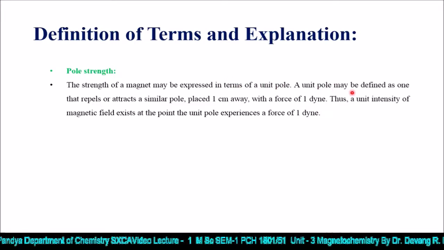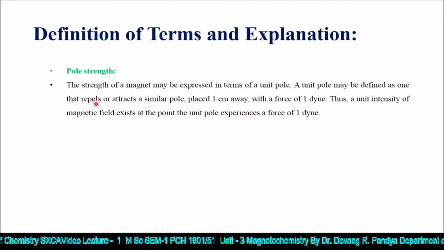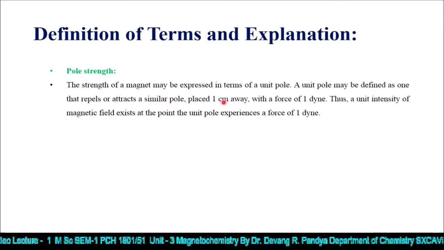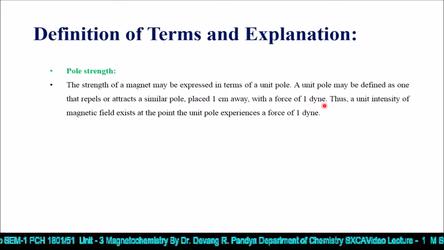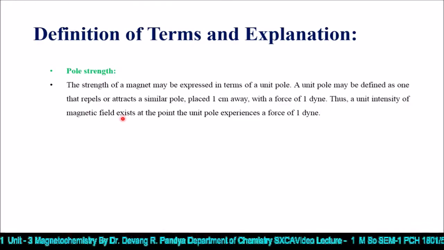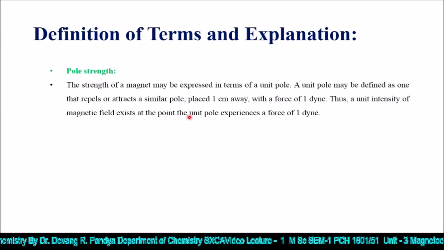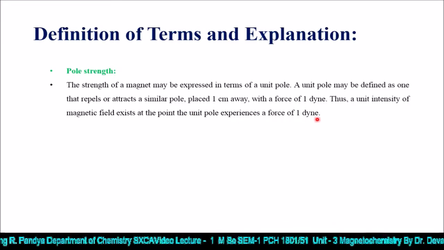A unit pole may be defined as one that repels or attracts a similar pole placed 1 centimeter away with a force of 1 dyne. Thus, a unit intensity of magnetic field exists at the point where the unit pole experiences a force of 1 dyne.